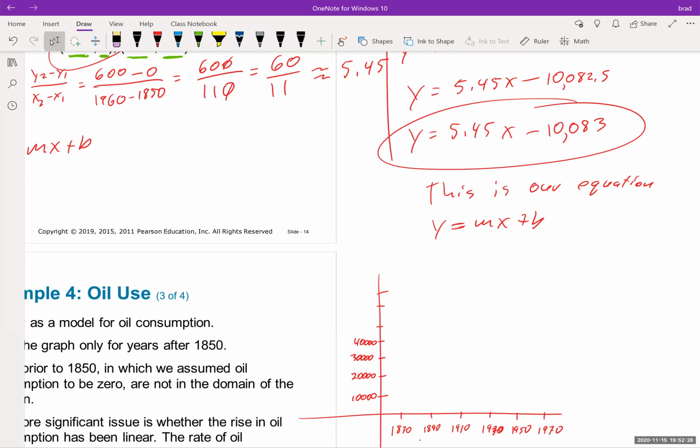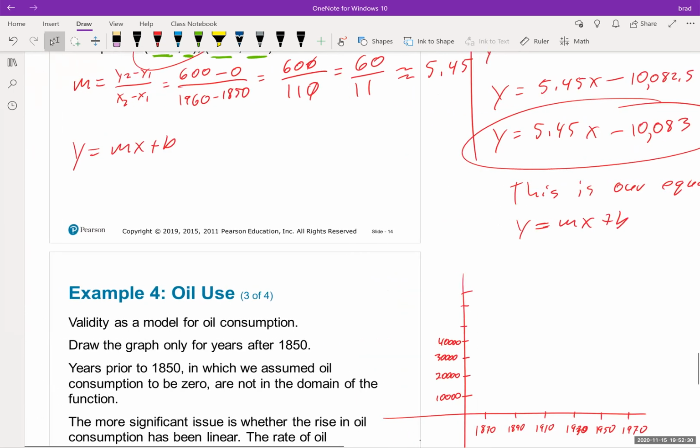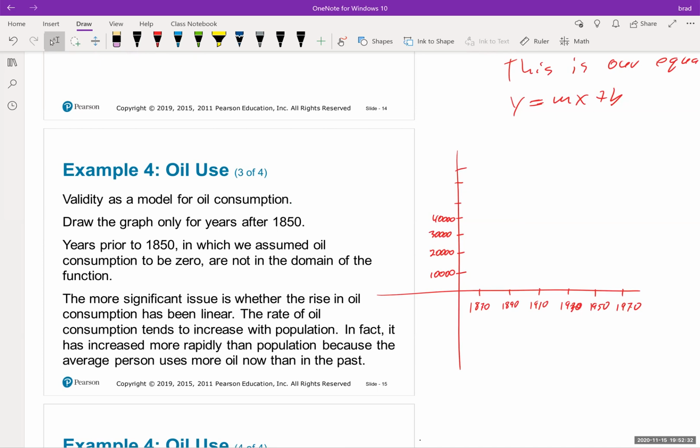So that would be, geez, I think I did it too detailed. Oh, let me see. Draw a graph only for years after 1850. More significant issues where there's a rise in oil consumption has been linear.